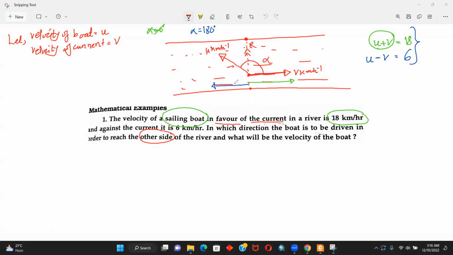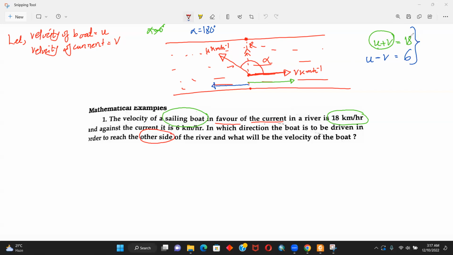If the velocity of the boat is greater than the velocity of the current, only then will it be able to reach the other side of the river. I'm not saying it is not possible if the current is greater, but that is out of our syllabus. Understand my point? Why u is greater than v?